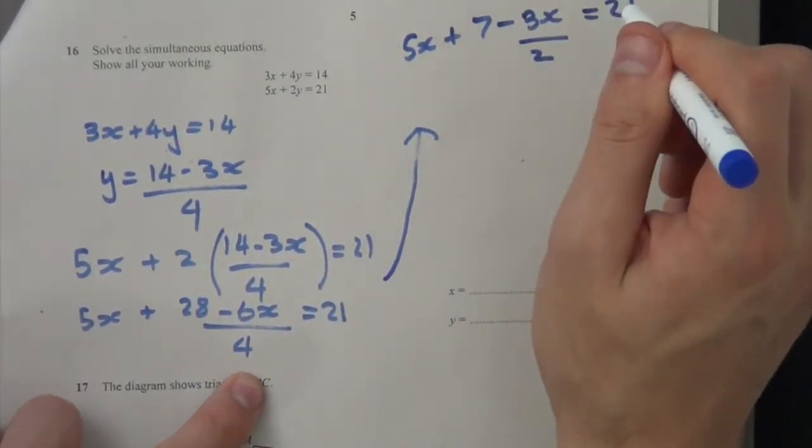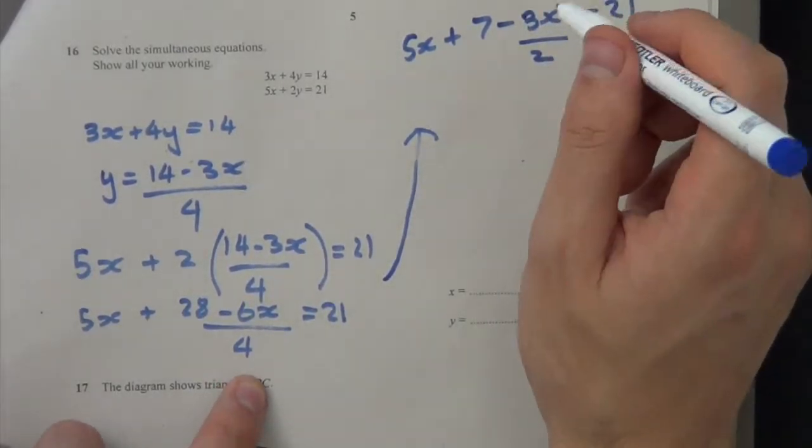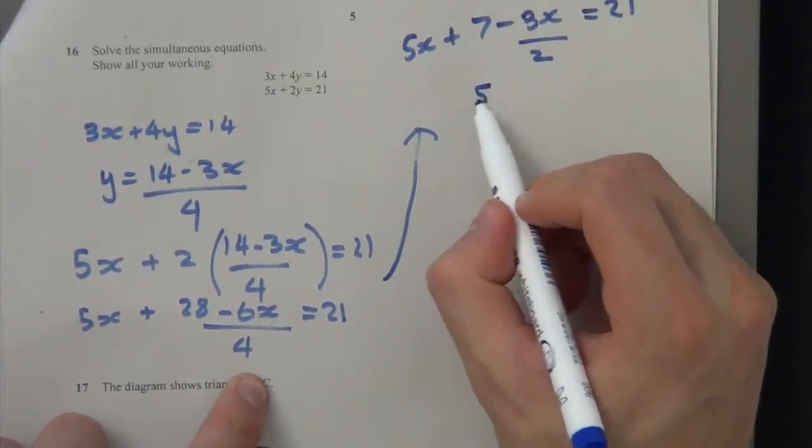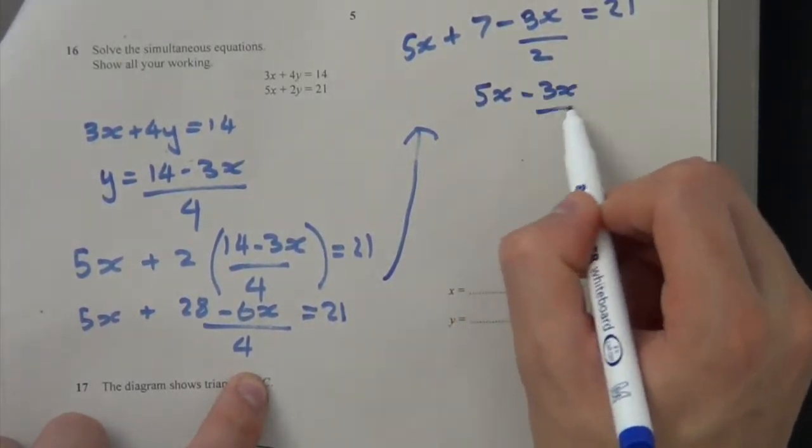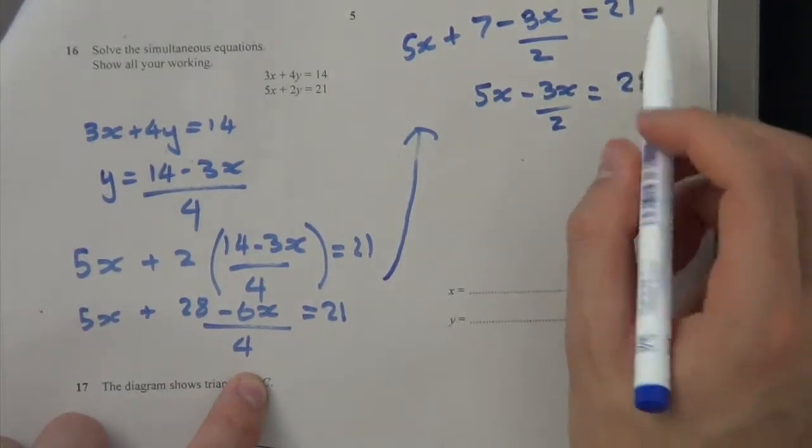Then 21 minus 7 gives me 14, so 5x minus 3x over 2 gives me 28.